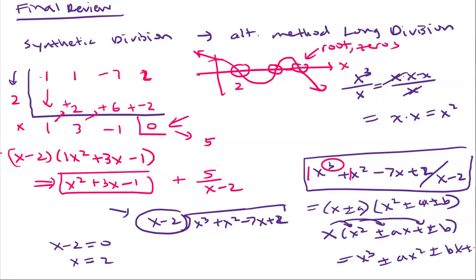If we had a remainder. But again, we don't have it, so our answer is just x squared plus 3x minus 1.